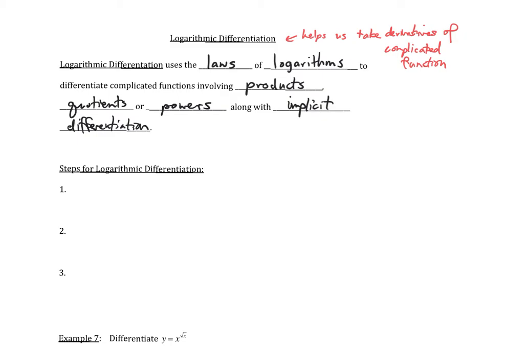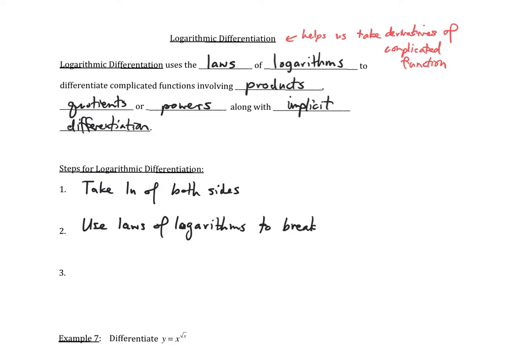So there's several steps to logarithmic differentiation. The first step is you want to take natural log of both sides. After that, you want to use the laws of logarithms to break up your function as much as possible.